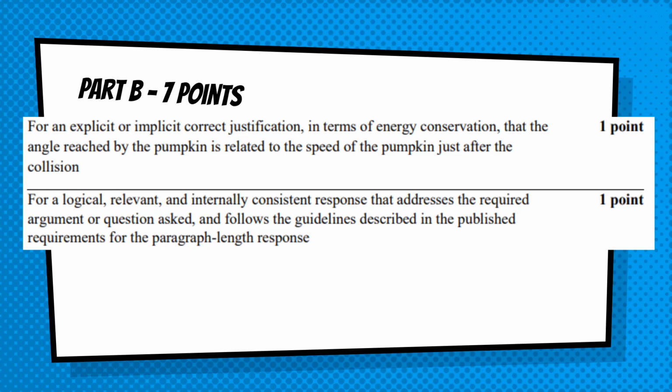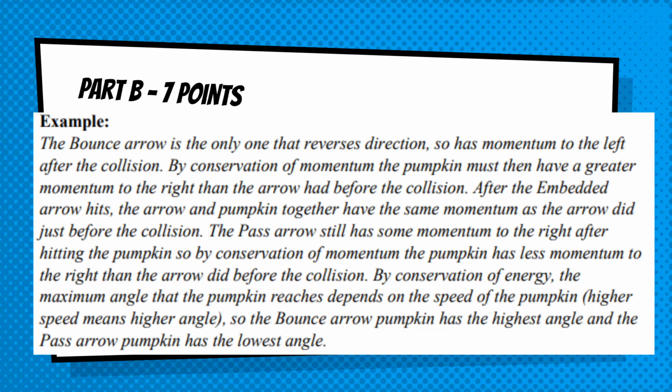So, for example, this would earn full credit. If you wrote more than that, you probably didn't need to. If you put math in there, that's okay. But this says the bounce arrow is the only one that reverses direction. So it has momentum to the left after the collision.